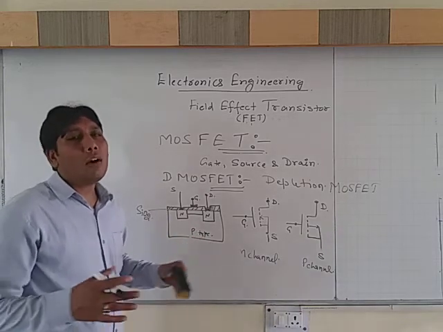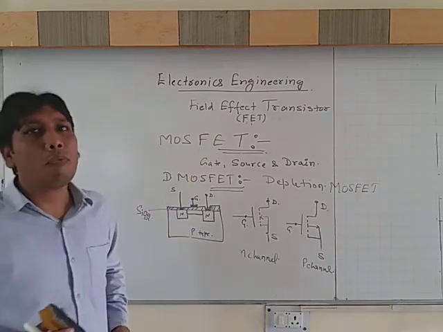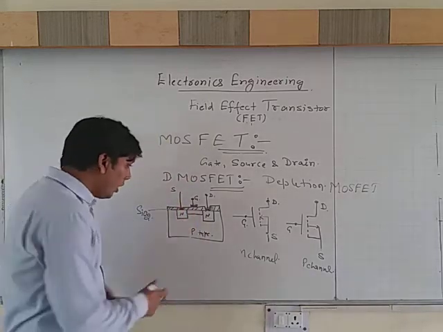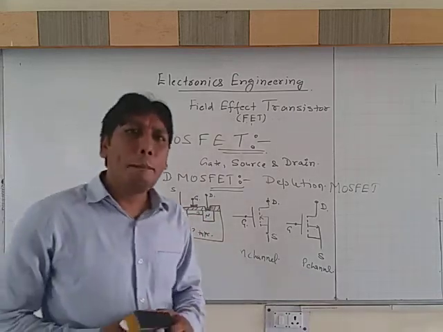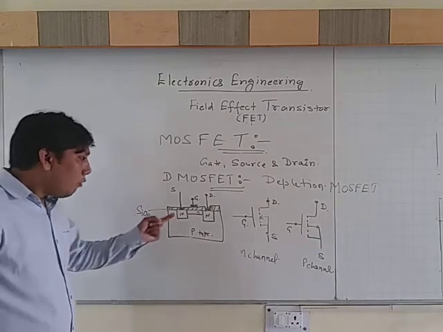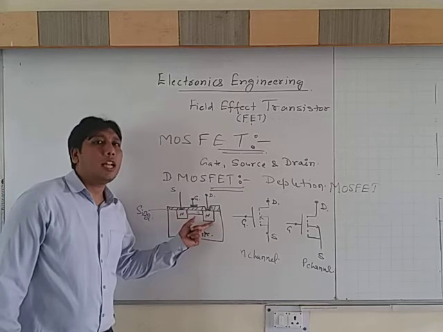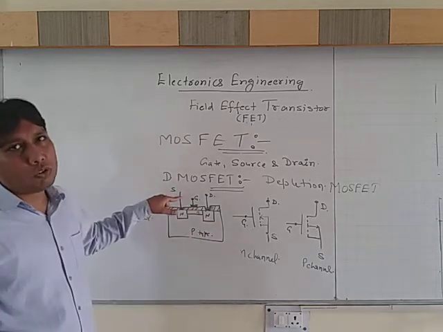That is, it is available at the time of manufacturing. That means at the time of manufacturing, we make a channel, either of N type or P type, depending on the type of D MOSFET. We make a channel to connect source with drain. That type of MOSFET is called depletion type MOSFET.